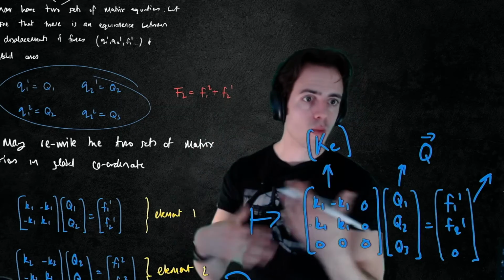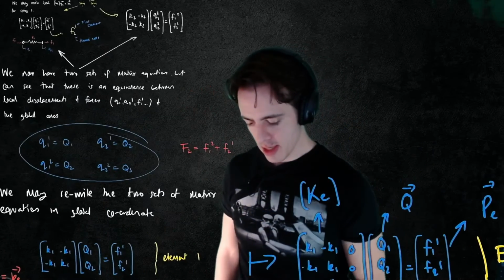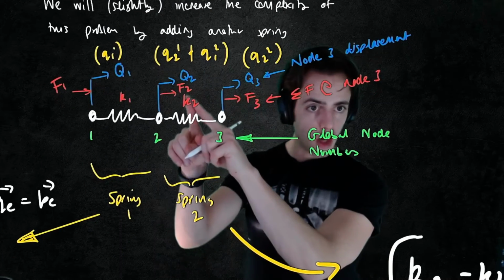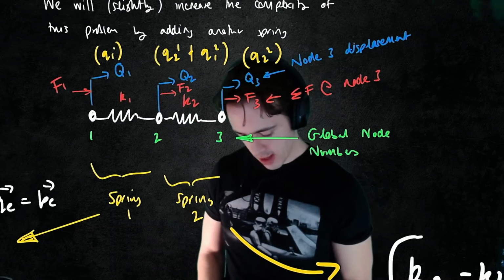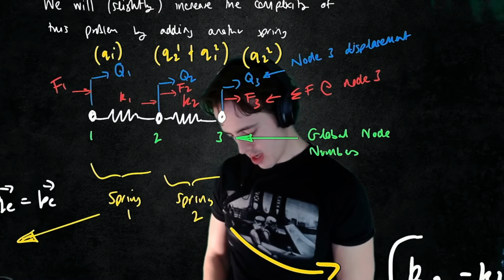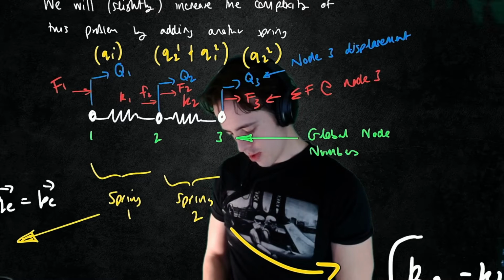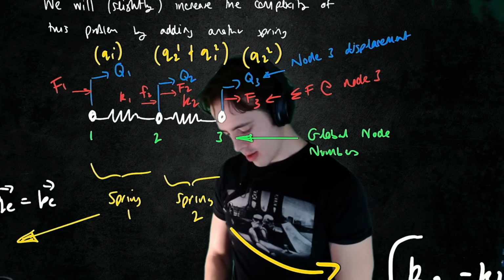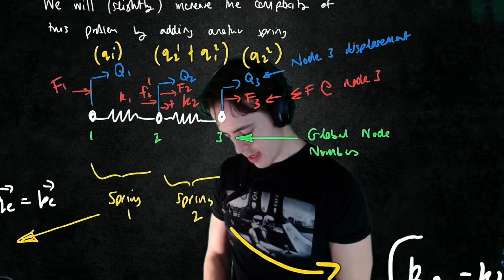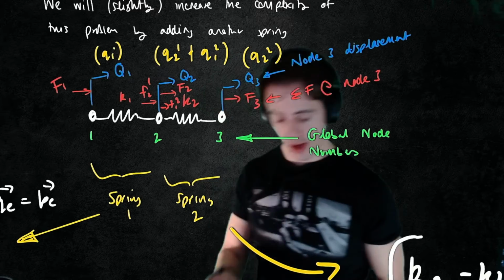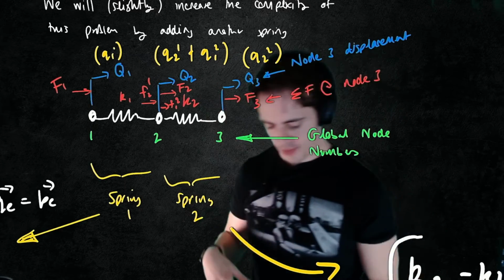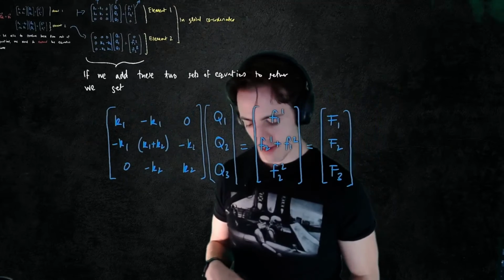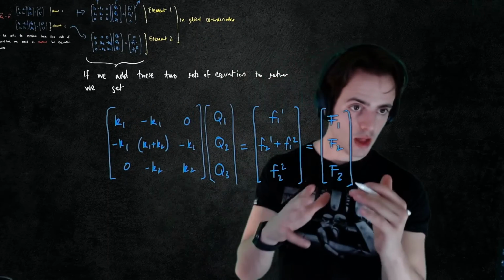We could substitute on this right-hand side because F2 is my global force here. This would have been F21, sorry. Yeah, F21 and F12. Okay, so we add those two together, we get F2 here. But I just think it comes out a little bit easier when we just build these equations up together and you see them come out.